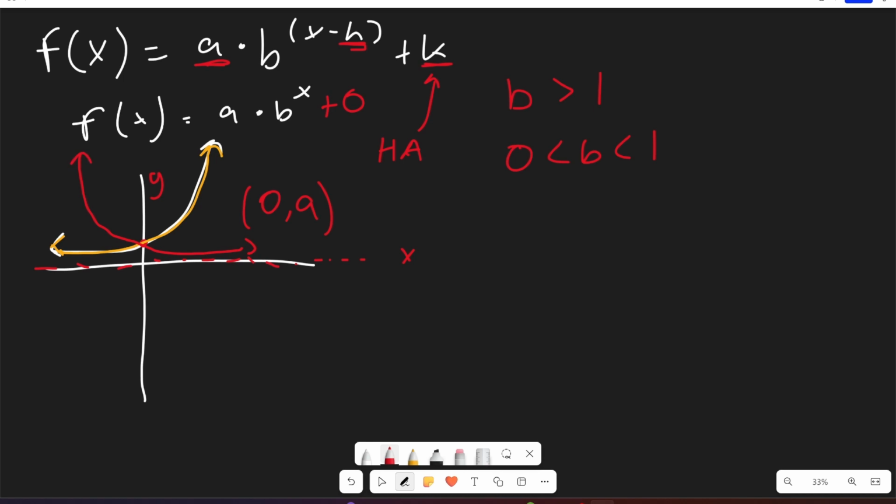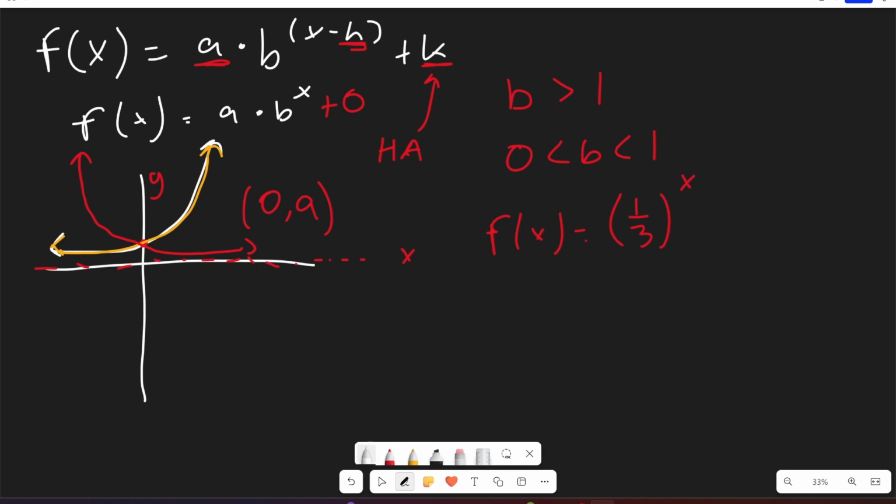Let's say, for example, f of x equals 1/3 to the power of x. That's essentially what our graph would look like. It would be decreasing here.